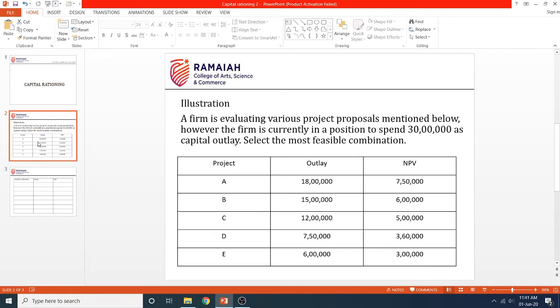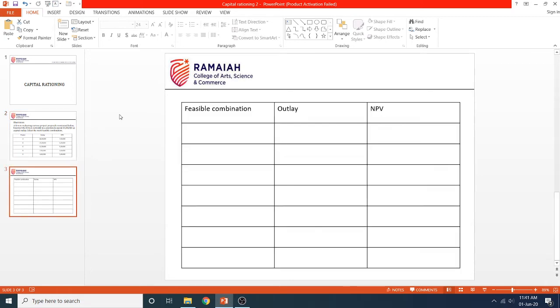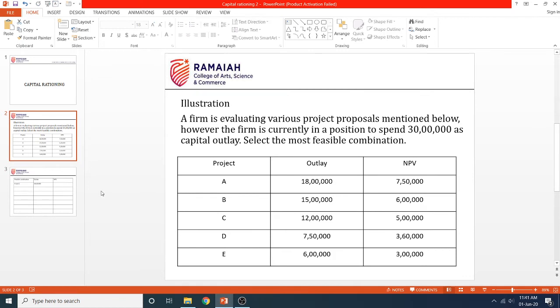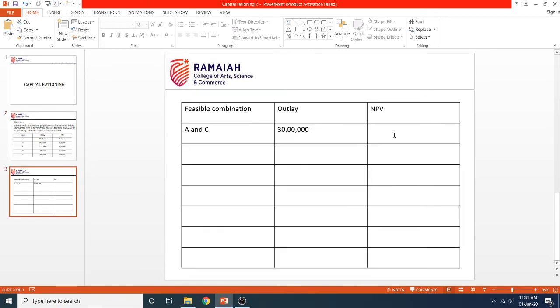You are completely exhausting the capital budget. So we'll consider A and C. Capital outlay 30 lakhs. Right. What is the NPV? 7 lakh 50 plus 5 lakh is 12 lakh 50.